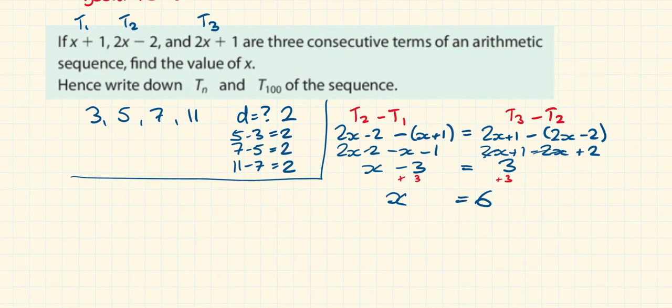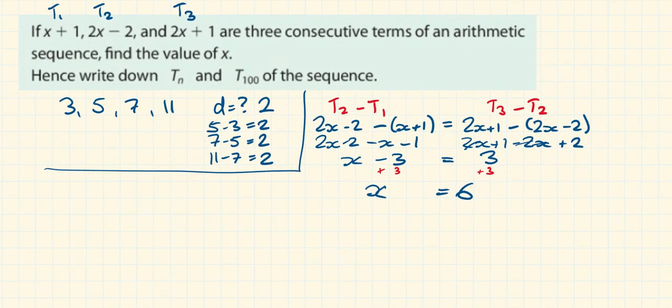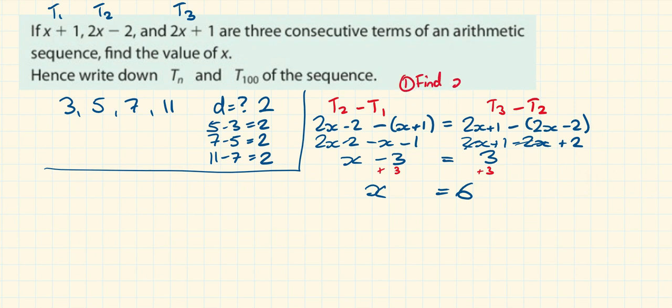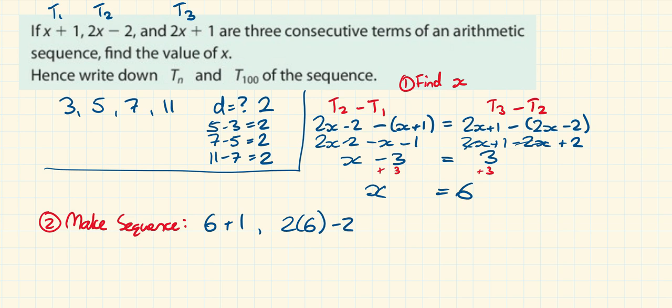Okay, now that you've found your difference, the next thing you want to do, first of all, you want to find x. So we've got x equals 6. Second thing we want to do is make the sequence. Okay, so our sequence is x plus 1, so that's 6 plus 1. Our second term is 2 by 6 minus 2.